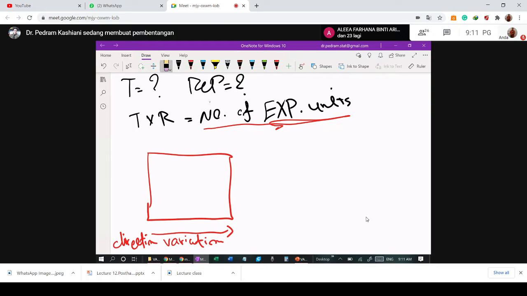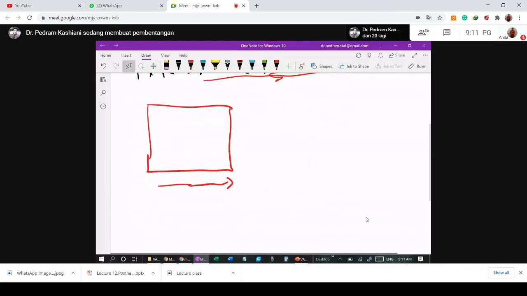This is direction of variation. This variation should be a significant variation, for example, like humidity, like soil fertility. One side, for example, this side is low fertility, this side is high fertility.